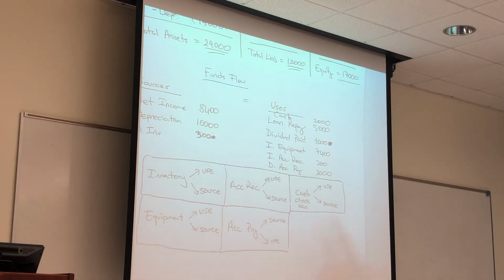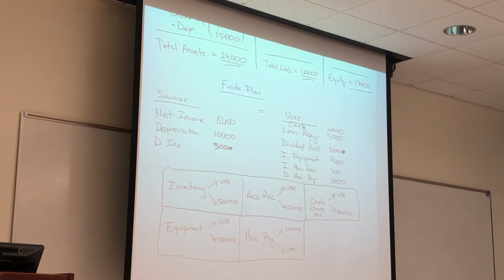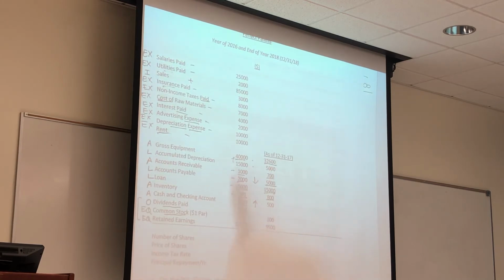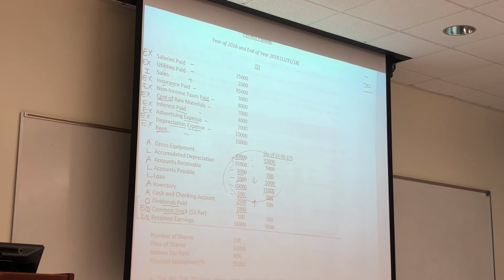Now let's see if they're equal if we did everything right. Because we looked at gross equipment, we did accumulated depreciation right here. We did accounts receivable, this. You see all of these have two parts. So we need to compare if it's increasing or decreasing.